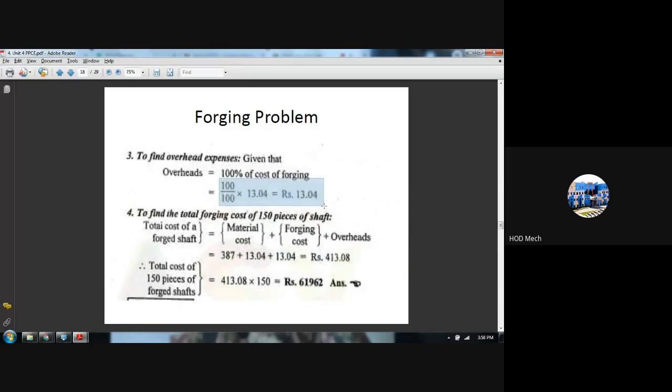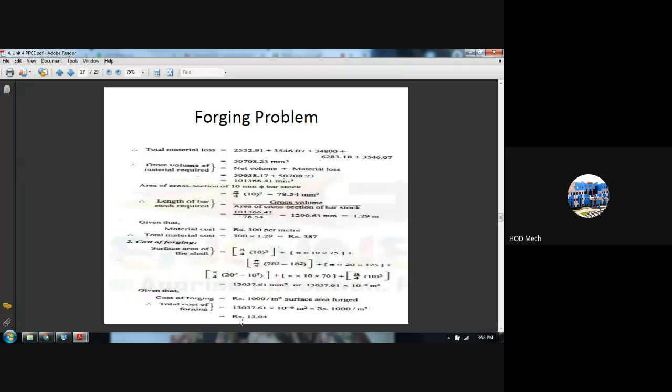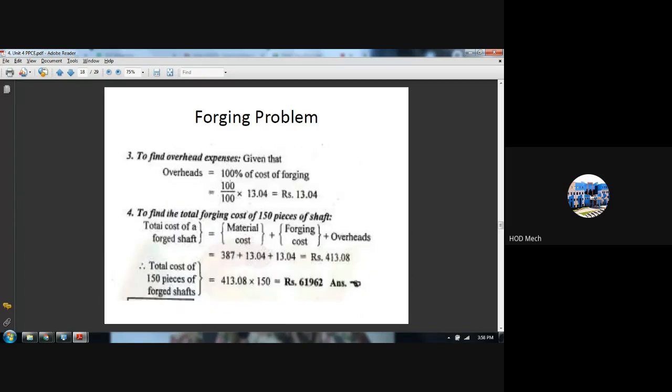So 100 into 100 into 13.04. இந்த 13.04 எங்க வந்துச்சு? போன ஸ்டெப்ல காஸ்ட் ஆஃப் forging நீங்க எடுத்தீங்க 13.04. Since it is 100%, the amount remains the same. அதே காஸ்ட் தான் available.